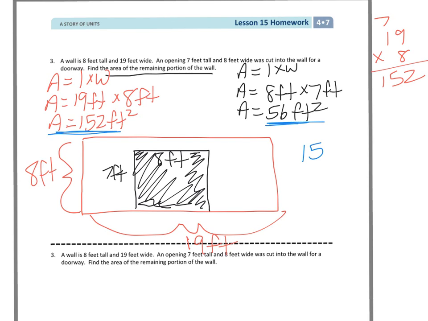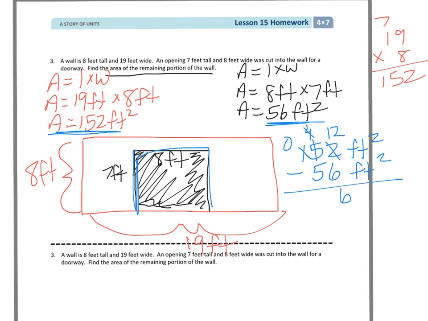I'll just subtract the two, because they're both in the same units, so I can do that. And I want to find the area minus the opening. And I'm going to end up with 96 feet squared. And that's going to be the wall without the door.